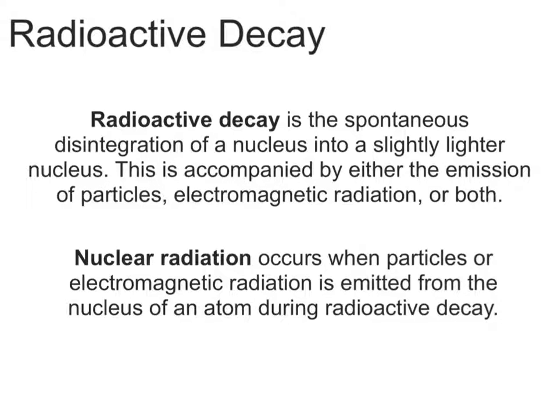Nuclear radiation in particular occurs when the particles or the electromagnetic radiation is being emitted from the nucleus of an atom during the radioactive decay process. We know that all elements that are beyond atomic number 83 on the periodic table are unstable, and therefore they undergo radioactive decay or nuclear radiation.